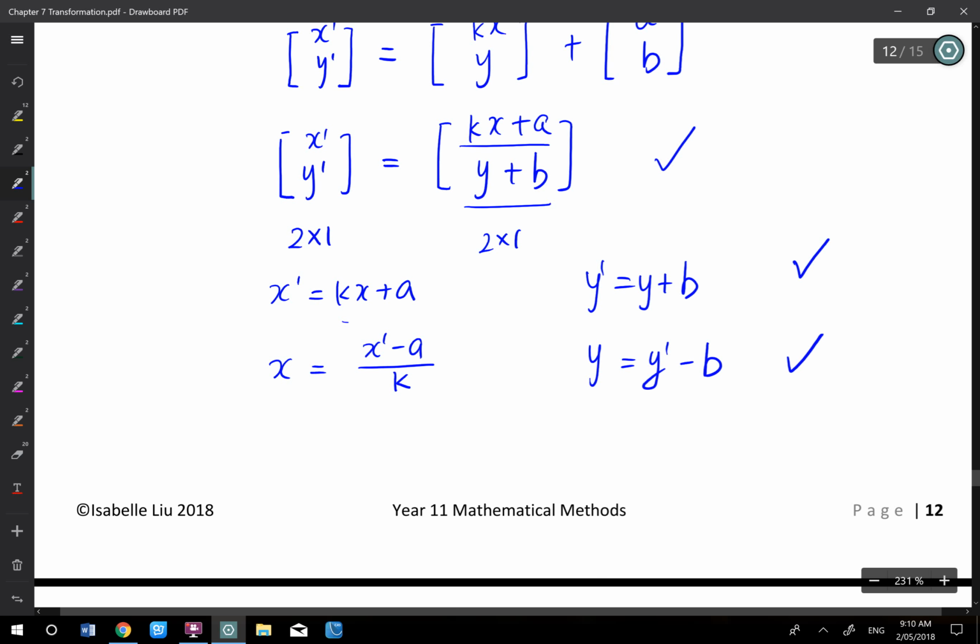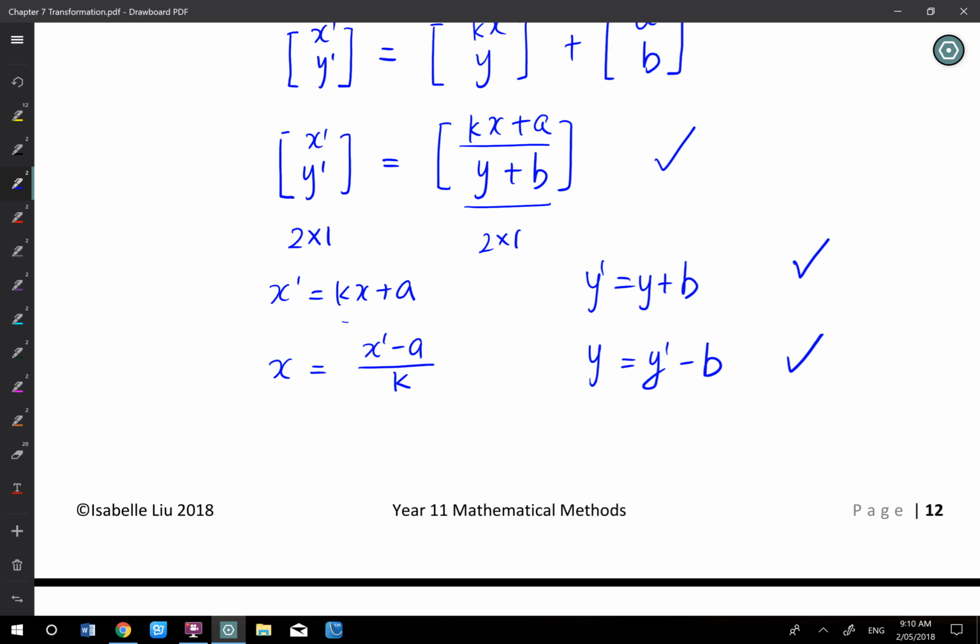Okay, last step. Remember, I can substitute that into the original function to get the resulting function. I can replace x by (x' minus a) over k, and replace y by y' minus b. I get the resultant function if I know what the original question is.